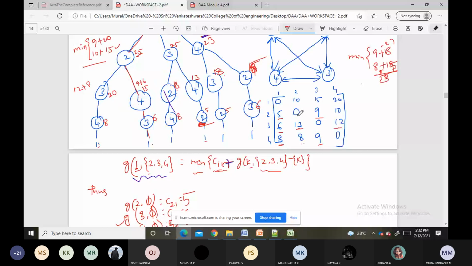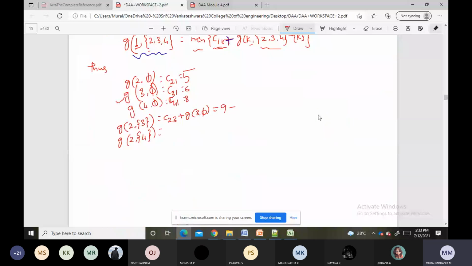C of 2 to 3 means 2 to 3, it is 9, right? So 9 plus, what is G of 3 comma alpha? It is 6. Sorry, G of 3 comma empty, it is 6. So it is equals to 15.